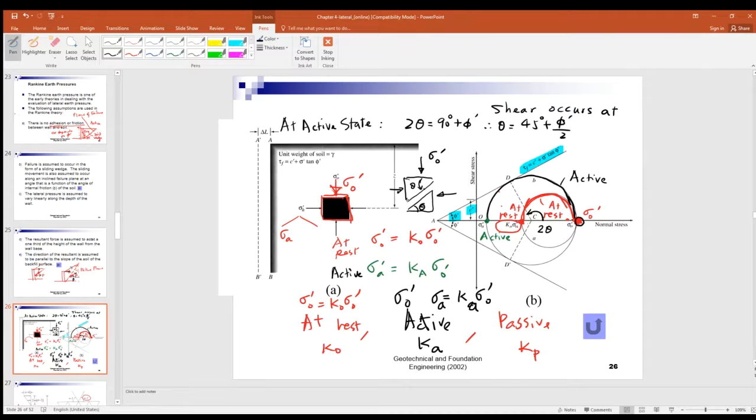Ka times sigma naught dash. Now you have these 2 points, right? So you draw a Mohr circle. That's the active state. Is that okay?